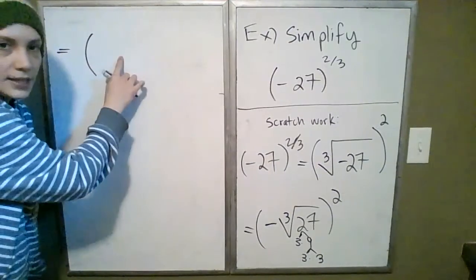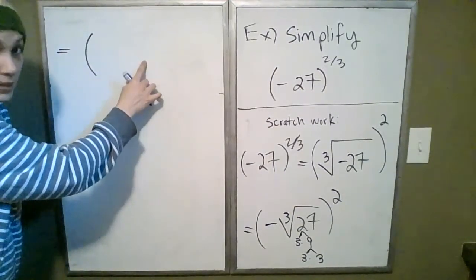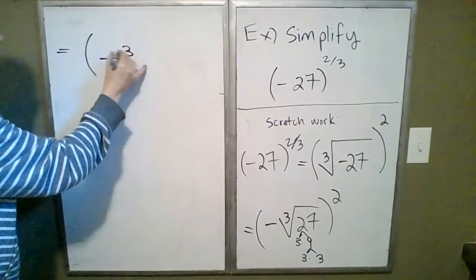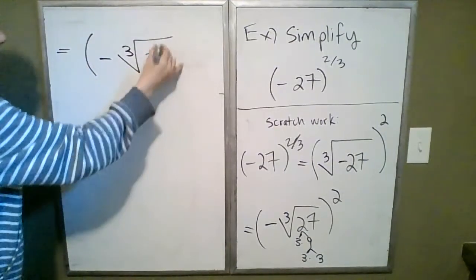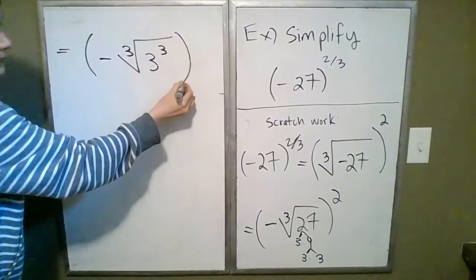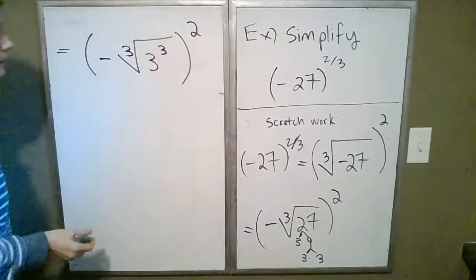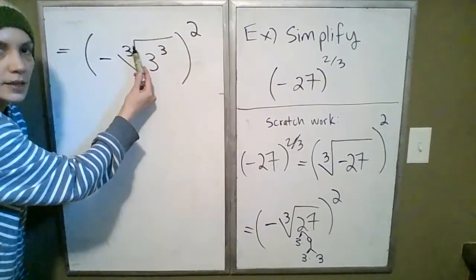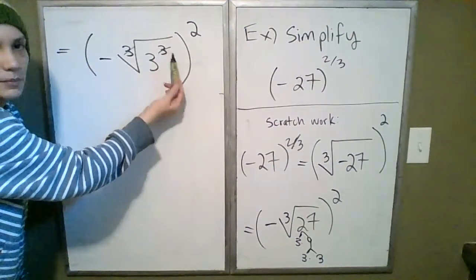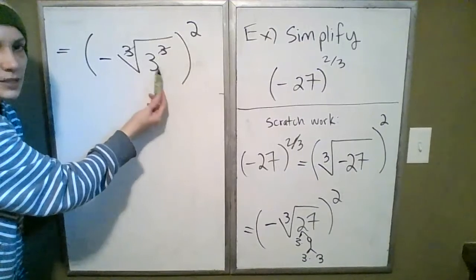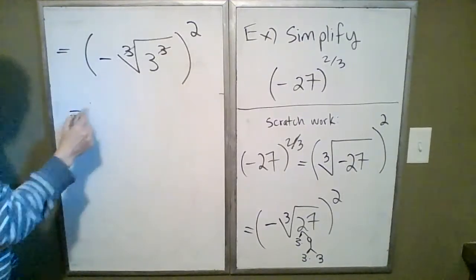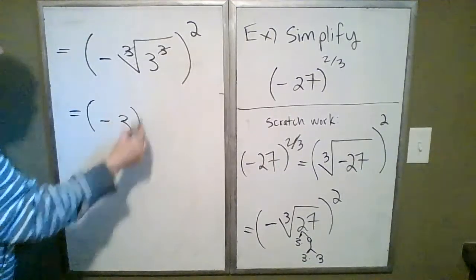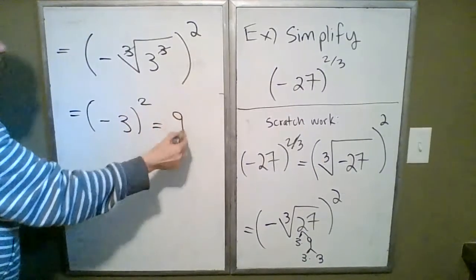So there's the negative of the cubed root of 3 cubed, squared. When the root and the power match, what's left is this 3. It's negative 3 squared. We're going to get positive 9.